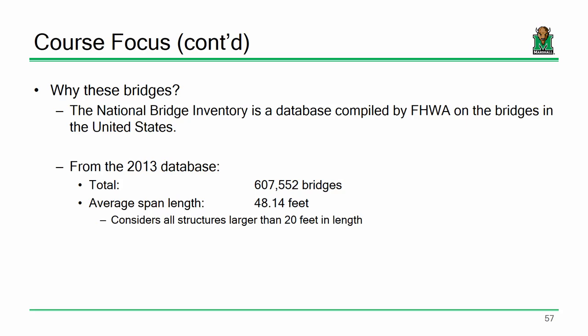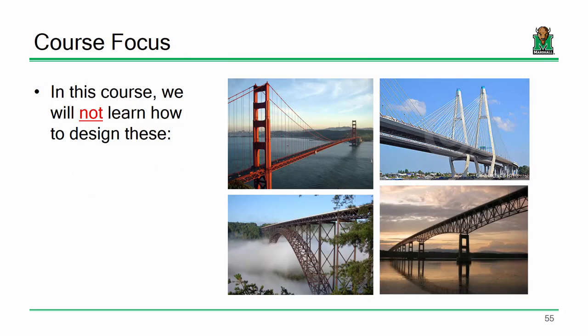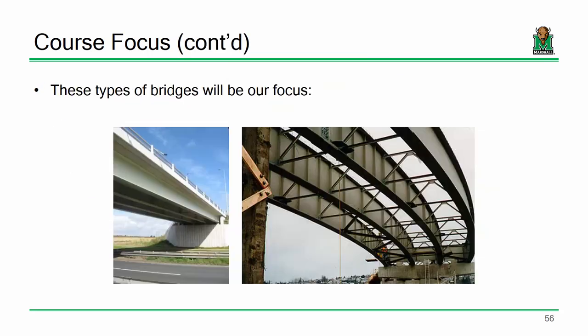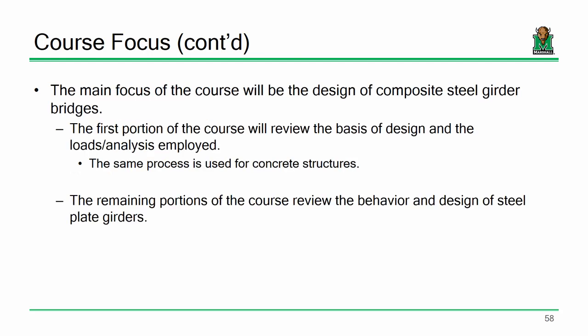There's a little over 600,000 bridges in the NBI representing bridges in the United States. You look at the average span length of those bridges, it's only 48 feet, okay? Most bridges aren't that big, okay? So that's why I don't cover it. I spend time covering stuff you're actually going to see in your jobs and in your careers. So that's the type of stuff that we focus on.